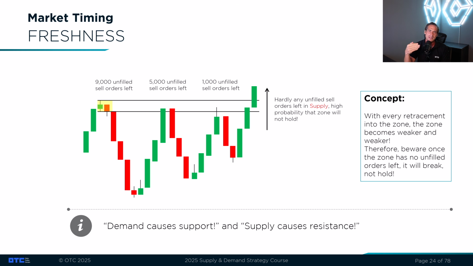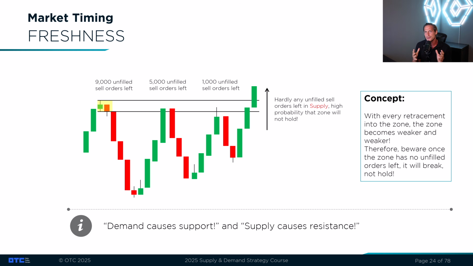Because every time the price hits that zone, it consumes more unfilled orders. Eventually, there are no unfilled orders left, and the probability of a successful trade drops significantly. And I've actually explained this concept in more detail in one of my previous videos, supply and demand versus support and resistance. If you haven't seen it yet, I highly recommend checking it out.